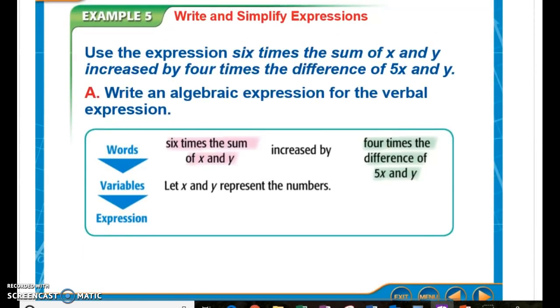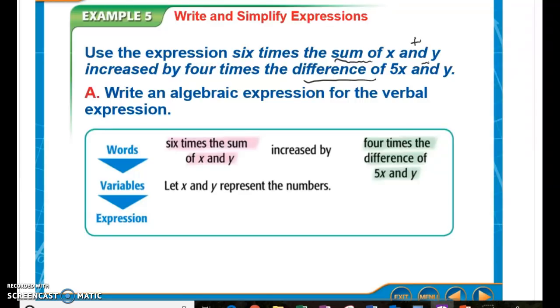Okay, so this one, we're going to use the expression of 6 times the sum of x and y increased by 4 times the difference of 5x. So you have to write algebraic expressions. So we're back to that again, but do you see how we have the sum of, remember when we worked with sum of and difference of? This is why we did this, because there's a minus in front of that. And then there's a plus. And then there's a minus in front of that one.